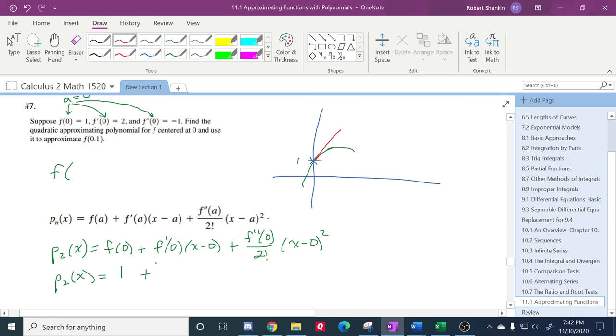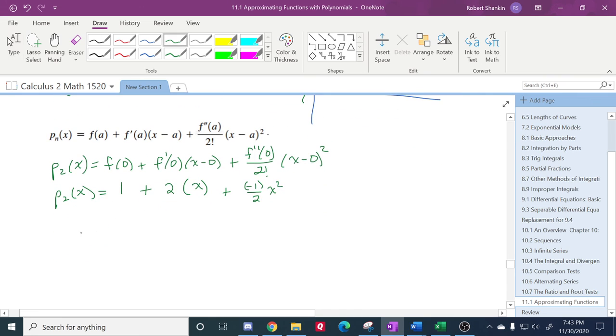So, we are going to be using f prime at a, f prime at 0, which is 2, times x minus 0, which is just x, plus f double prime at 0, which is negative 1, over 2 factorial, which is just 2, and then x squared.